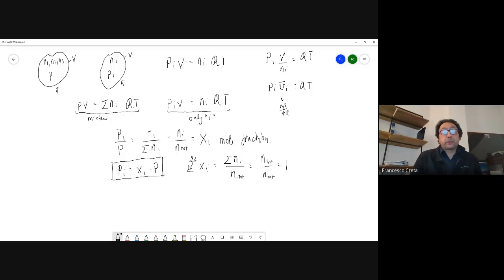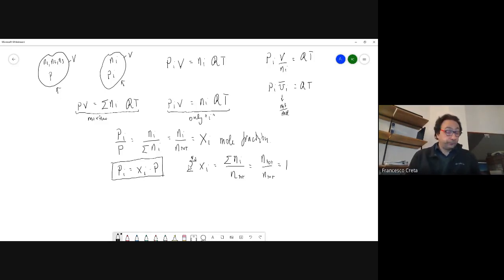So every time you sum all the mole fractions, they all sum up to 1. Each mole fraction essentially is a fraction, clearly. Collectively, they sum up to 1.